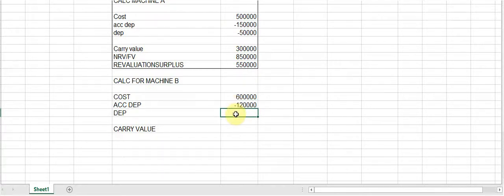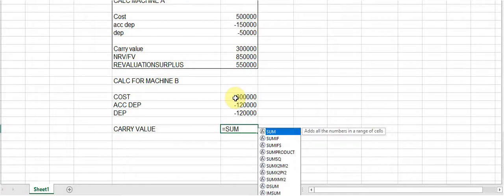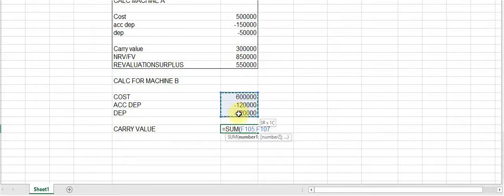And it is a depreciation method of 5 years straight line. So we're going to take this divided by 5 years. We had it for the whole year. So that's another 120,000 Rand. Carry value is then the sum of everything.